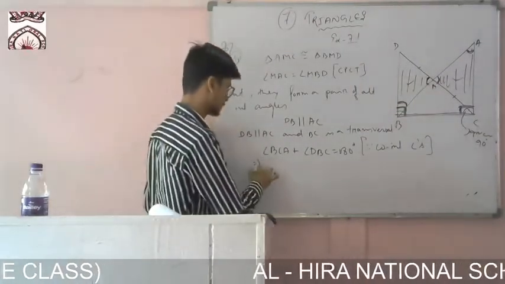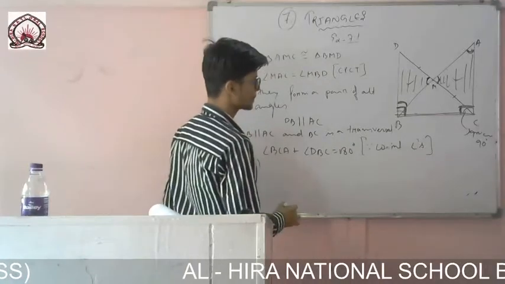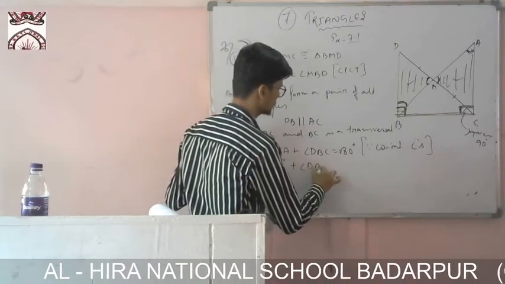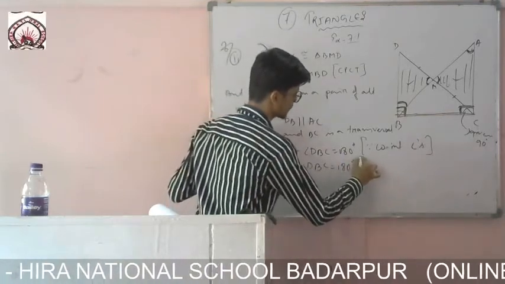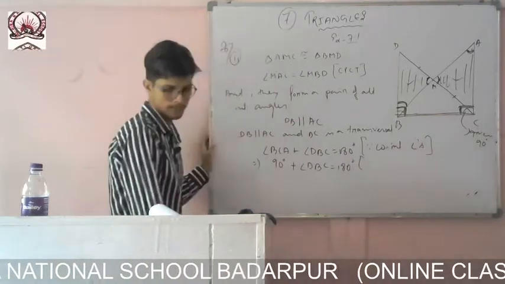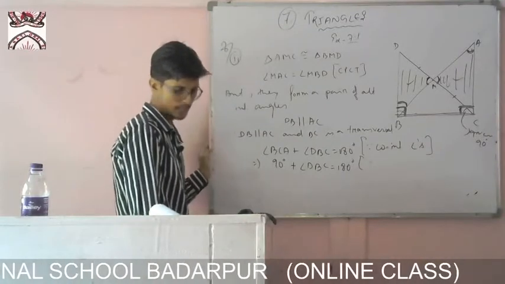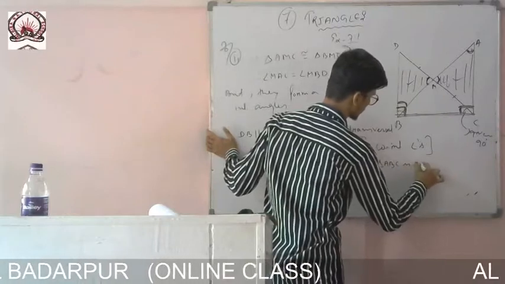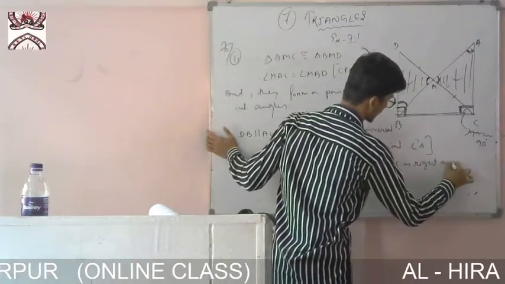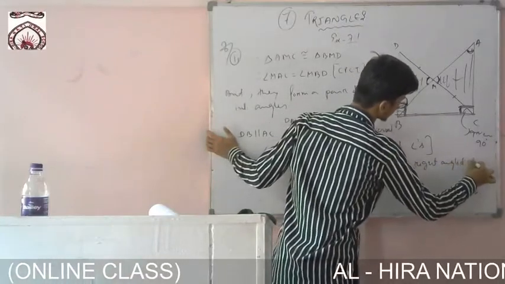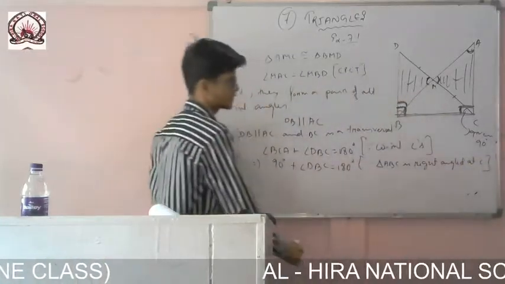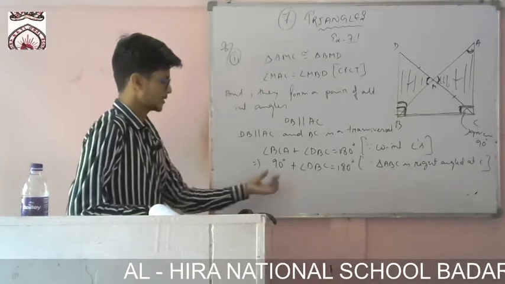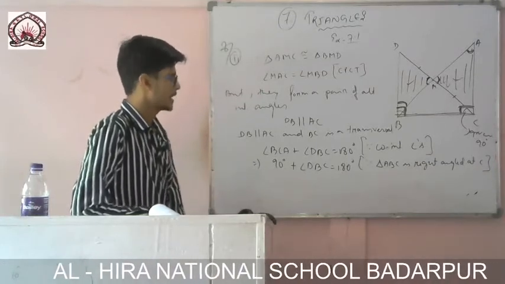So in place of BCA, I can write 90 degrees plus angle DBC equals 180 degrees, since triangle ABC is right angled at C, so that's why I have taken BCA as 90 degrees.